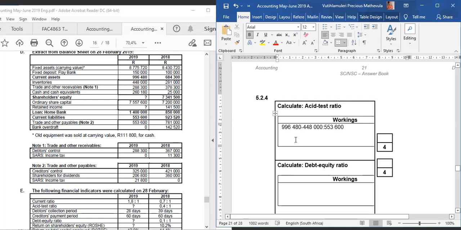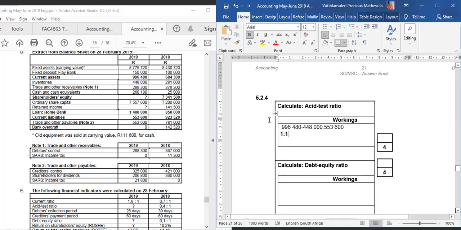So it is 0.99. I feel like that's one. That's 1:1 because it was 0.99, so 1:1. And then we have to do the debt equity ratio.